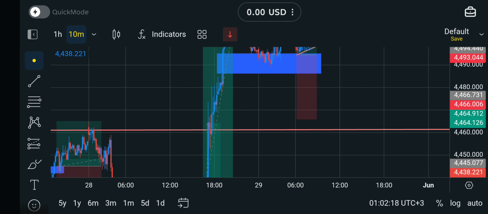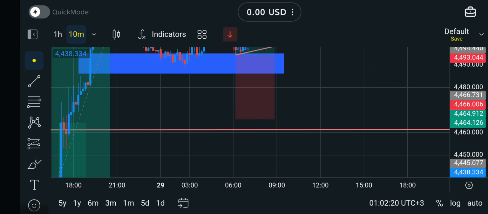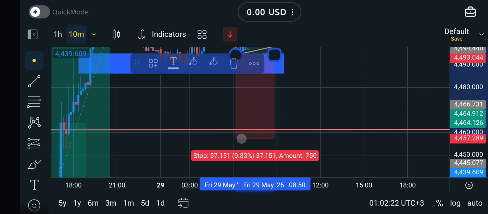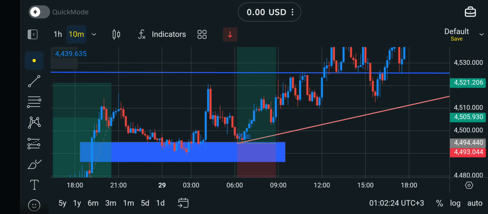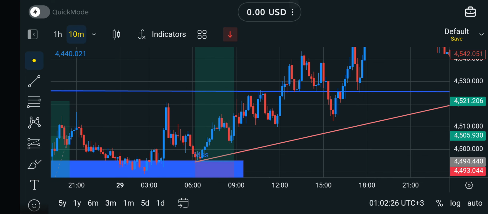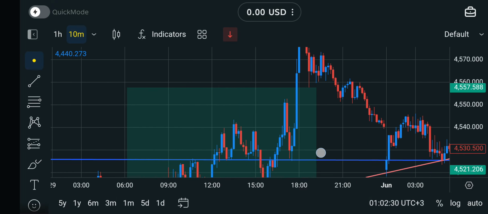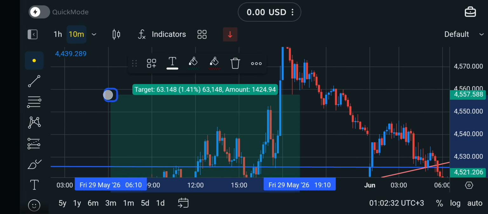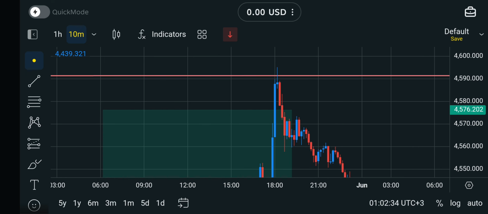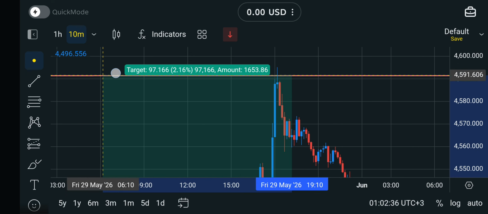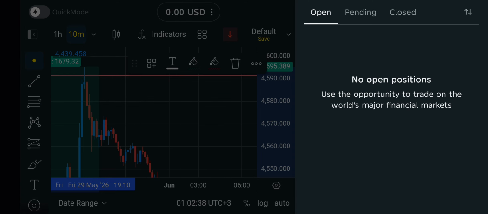Stop loss you should create below the resistance line here, and then target. You can target 1:3. It all depends on how you set your target profit.